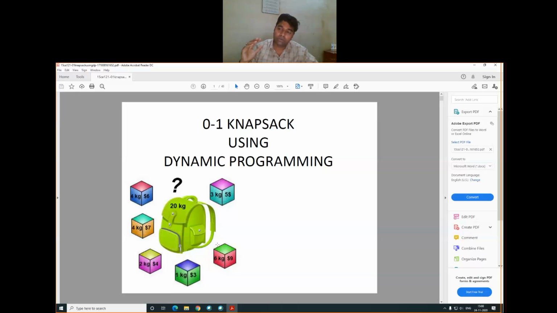While in the greedy approach, where we solved the fractional knapsack problem, we were allowed to take fractional parts of items to fill the knapsack. Here we either take the item, that is called one, or we discard or ignore the item, that is called zero. Due to this reason, it is called the 0/1 knapsack problem.